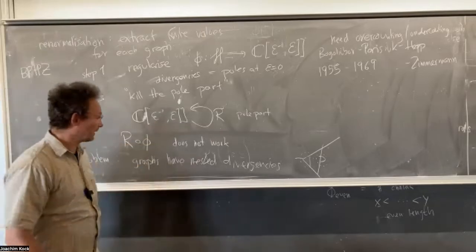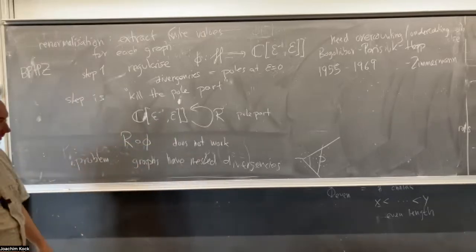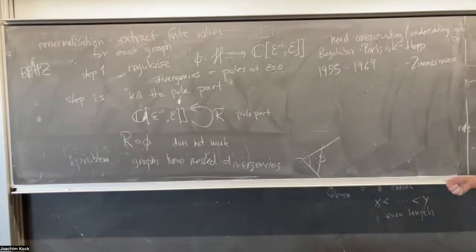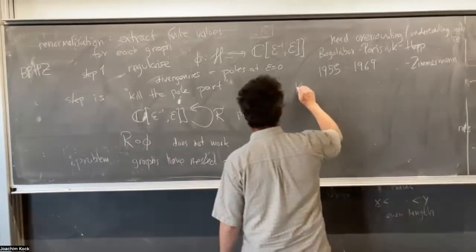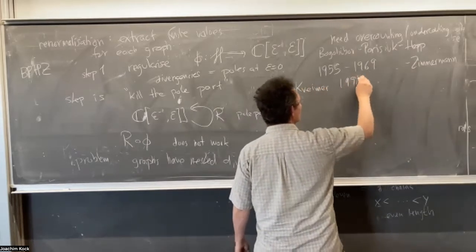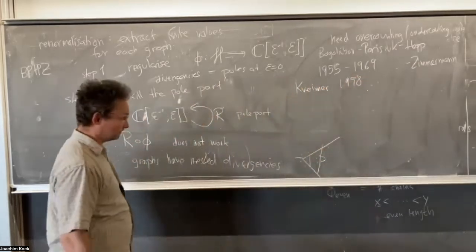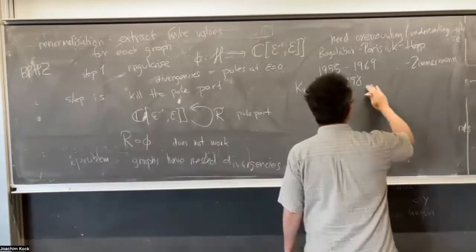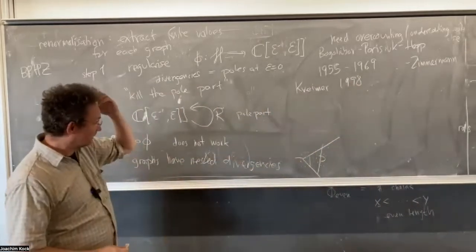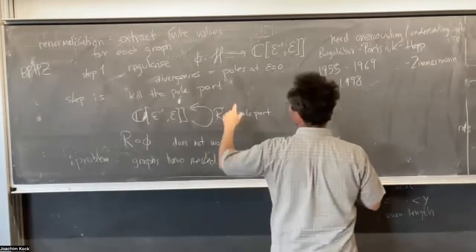So I cannot even read these papers, but luckily there are mathematicians who distill physics into mathematics. So this is what Kreimer did in 98. He says that all this complicated combinatorics that I didn't even want to write down is governed by a bialgebra of graphs.